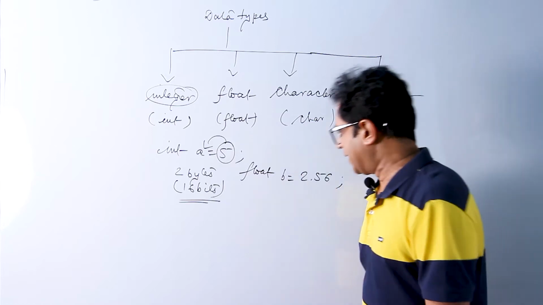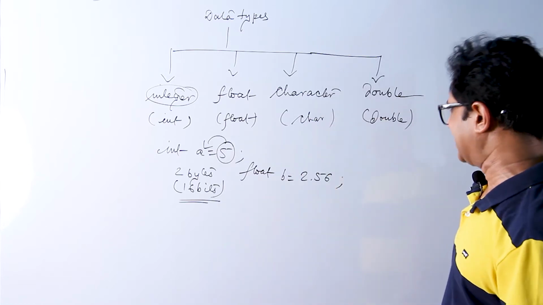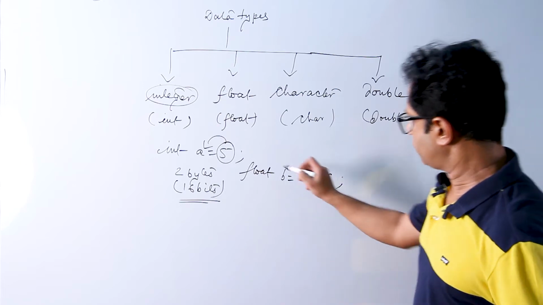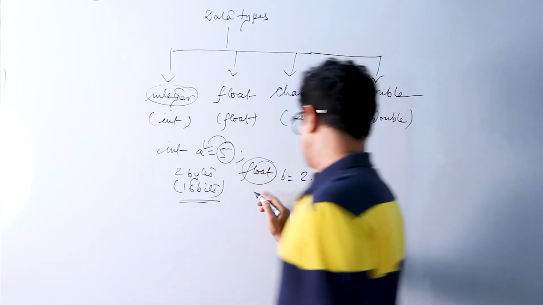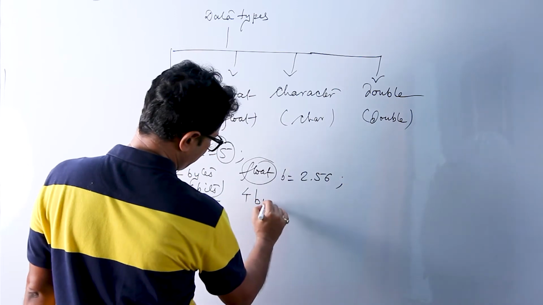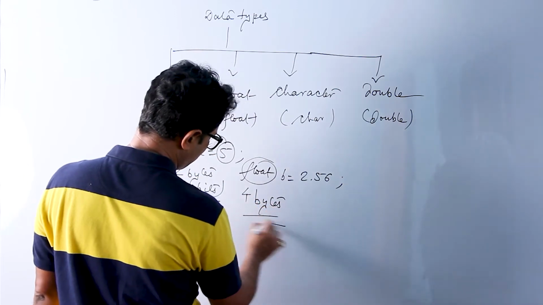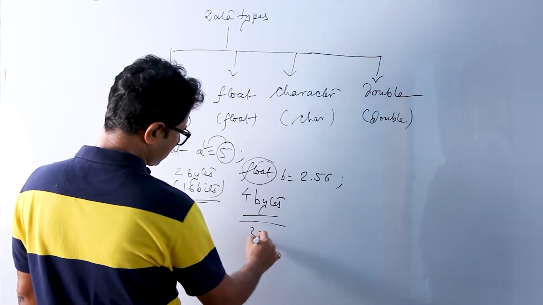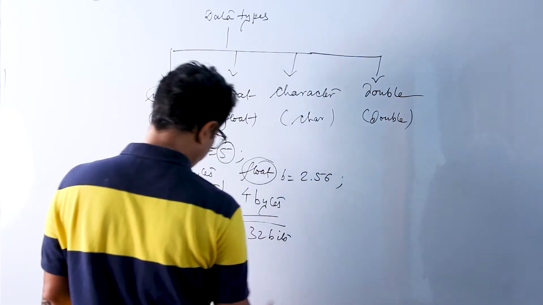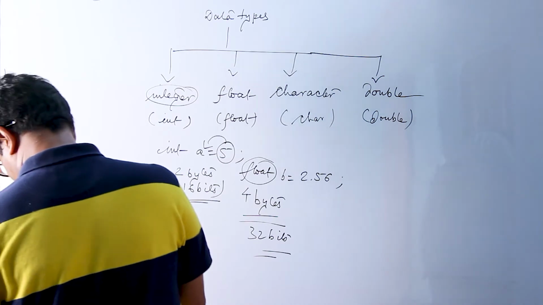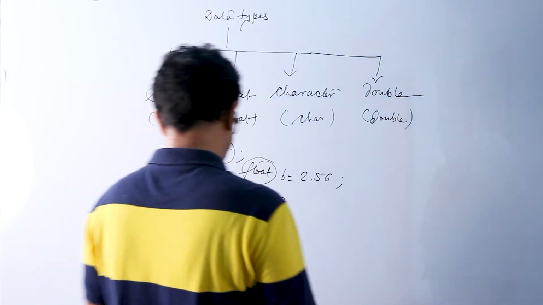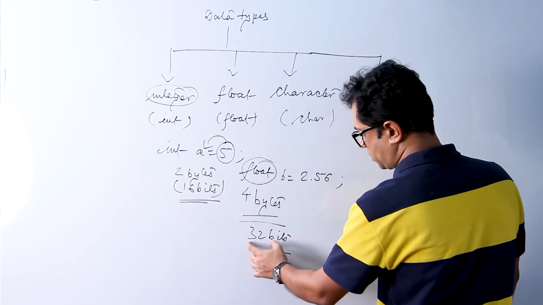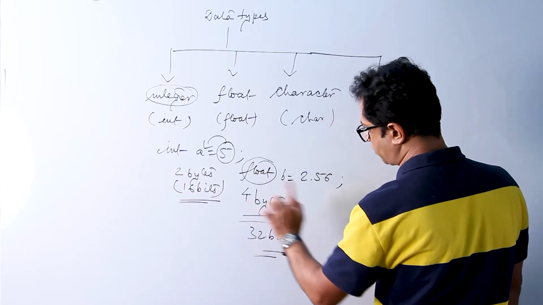In terms of memory representation, float will occupy 4 bytes, that is 4 into 8, which is 32 bits of memory. So an integer occupies 16 bits or 2 bytes of memory, and a float occupies 32 bits or 4 bytes of memory.